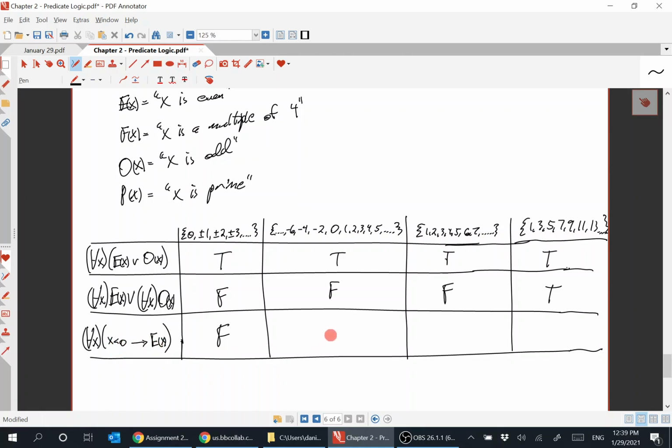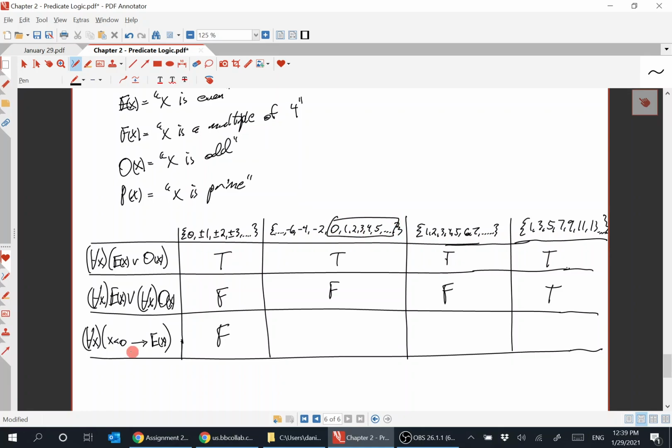What about this one? For every x less than 0 implies x is even. True. Pick an x less than 0. If you have x less than 0, well, it's even. So this is true. Pick an x bigger than or equal to 0.